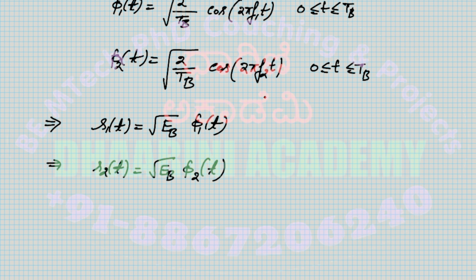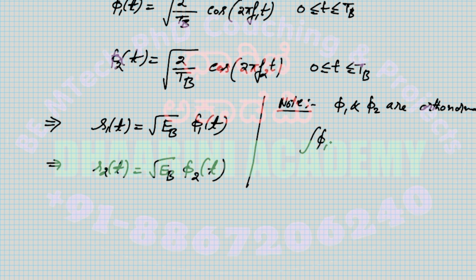So I'll write a note here. The phi 1 and phi 2 are orthonormal. So what do you mean by orthonormal?